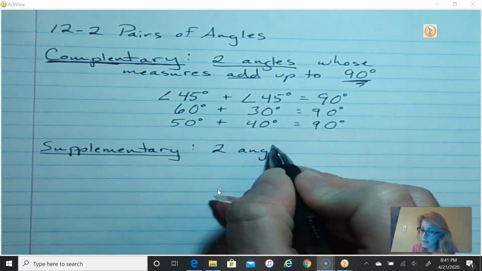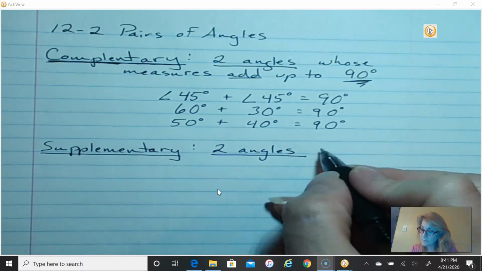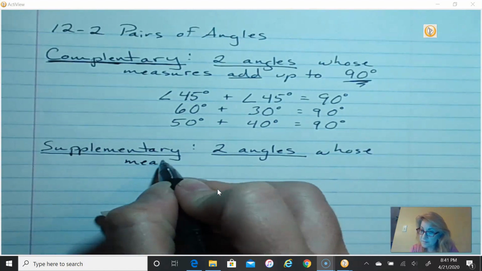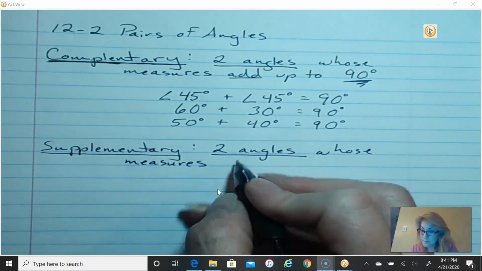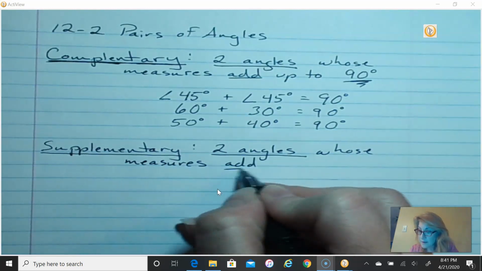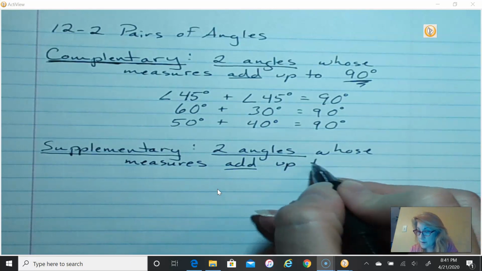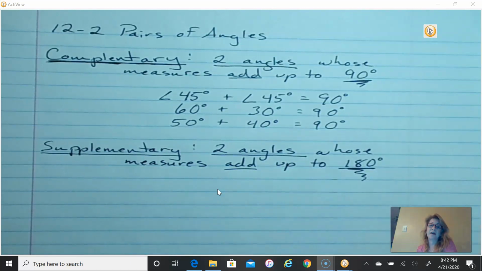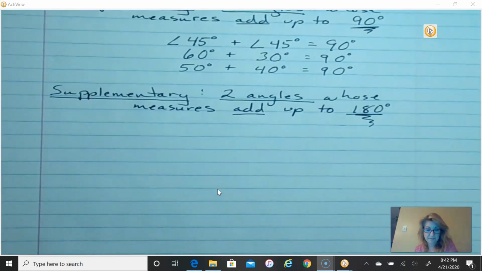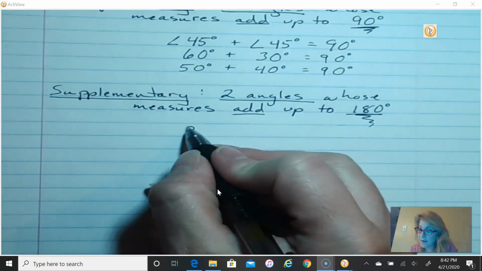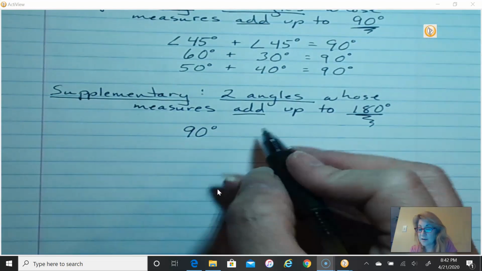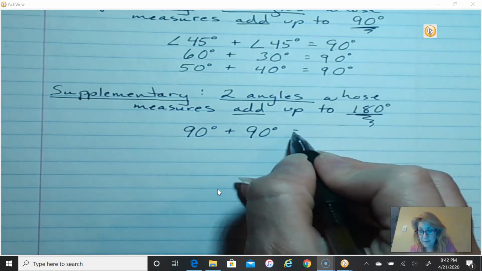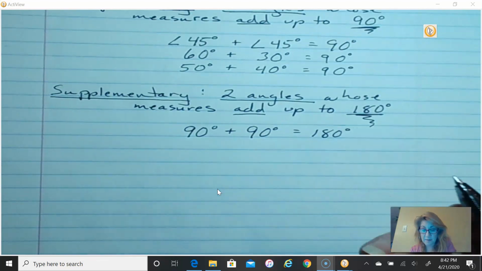They are two angles whose measures add up to 180 degrees. Okay, so these are a little bit bigger. For example, if I had an angle that was 90 degrees plus 90 degrees, that'd give you 180 degrees, right?